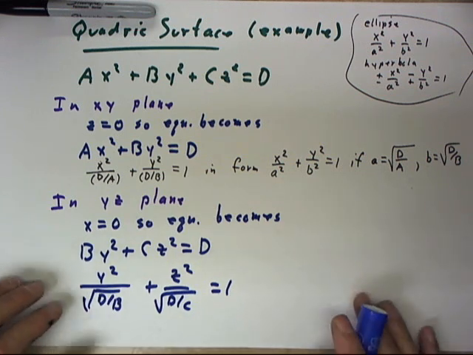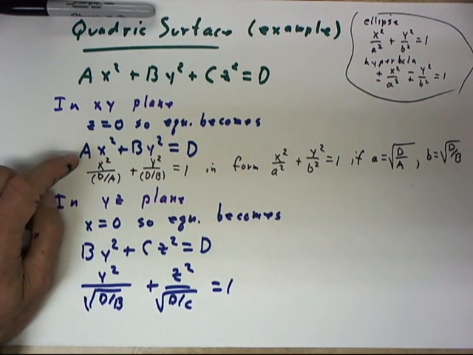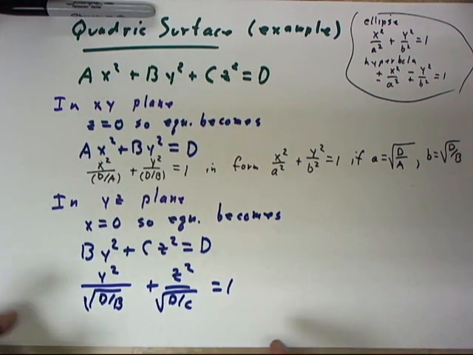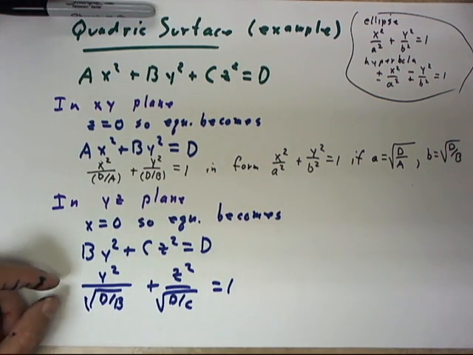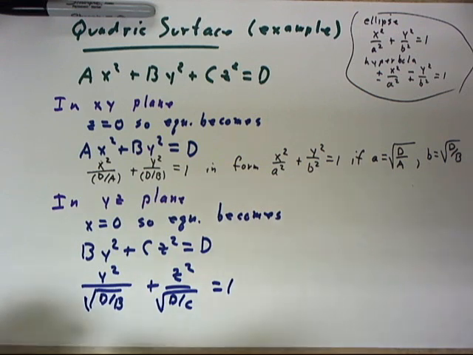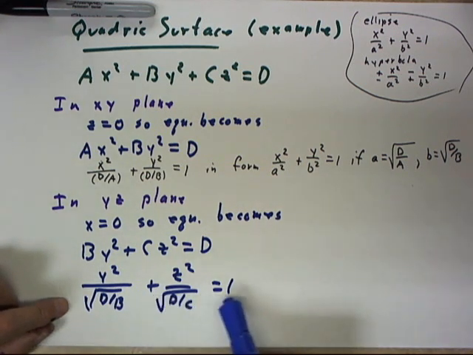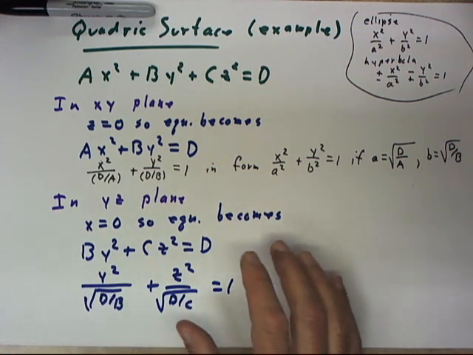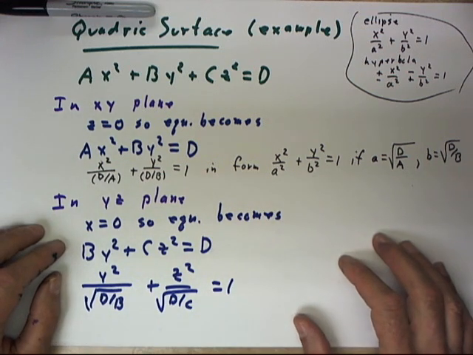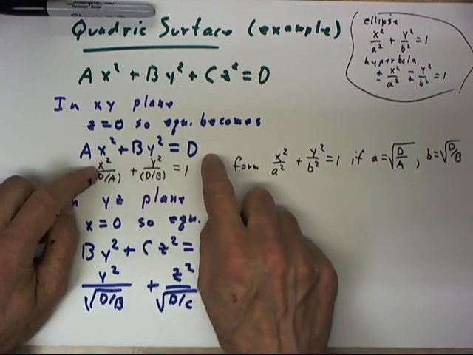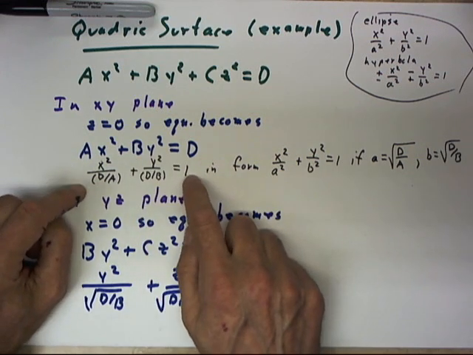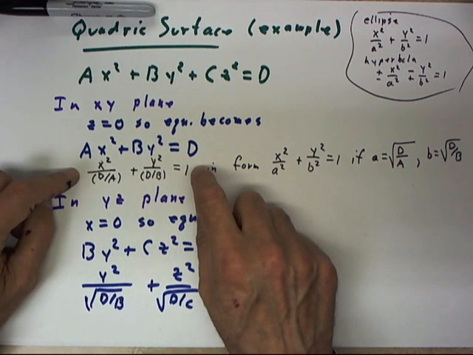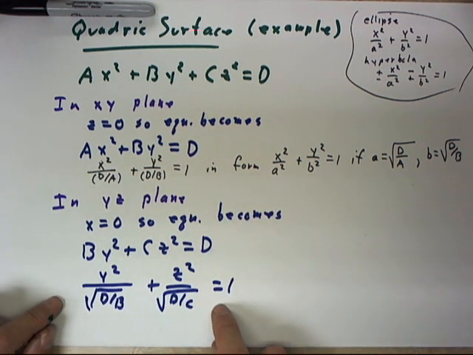Now, the point of this is, depending on the signs of A, B, C, and D, this could be a plus or minus here, plus or minus here. Again, we're going to see that when we put some numbers into these things, but the way the signs come out, we could get an ellipse here and a hyperbola here, or a hyperbola here and a hyperbola here.